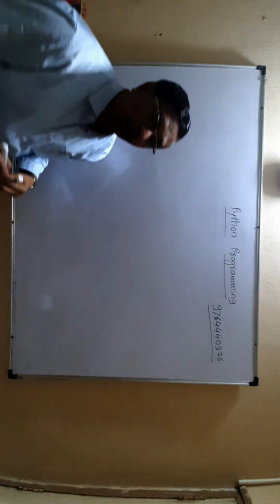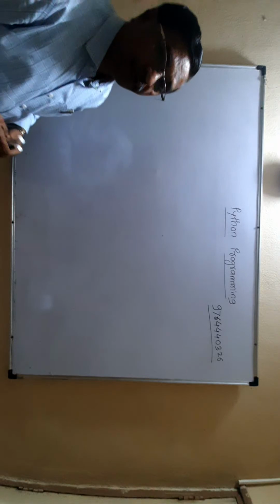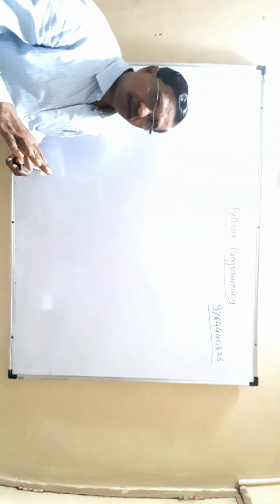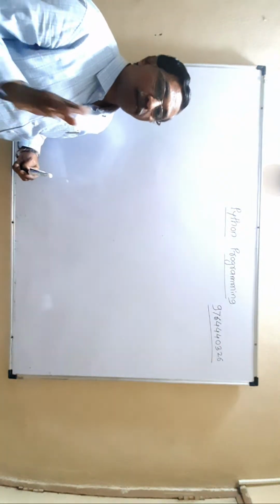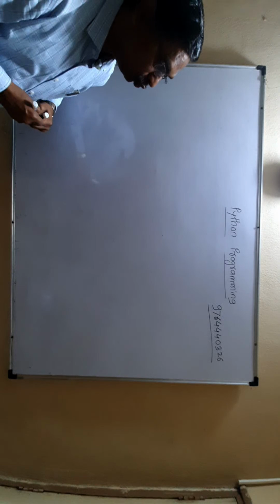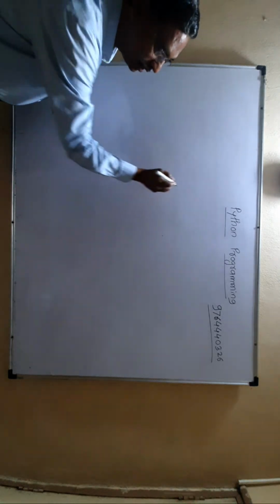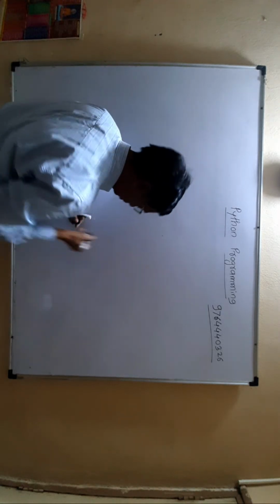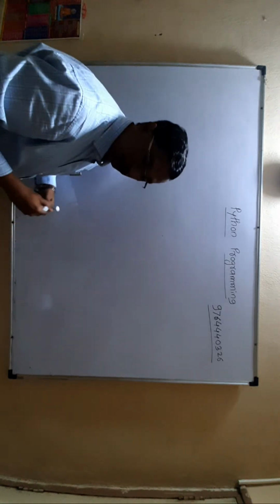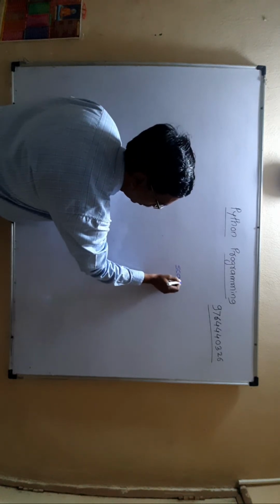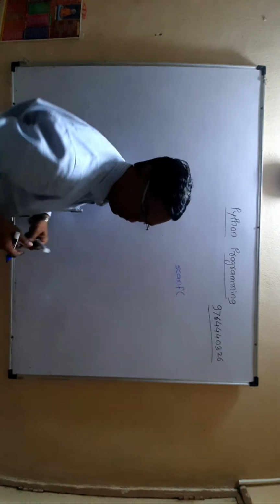So now I want to read two numbers, calculate sum and average, and display sum and average. To read the number in C programming, I will write it with blue pen. In C programming, we take help of scanf statement.